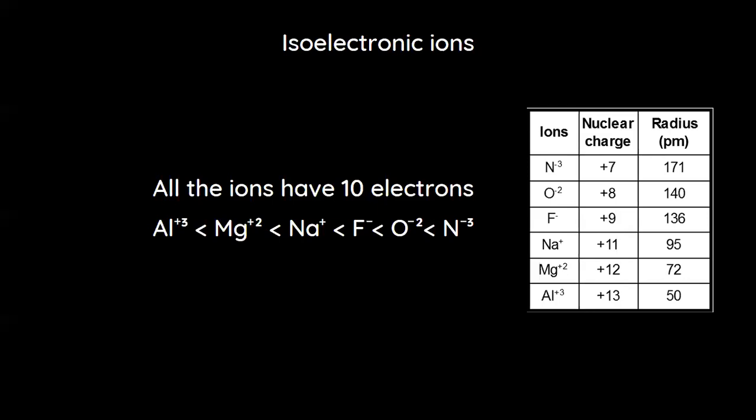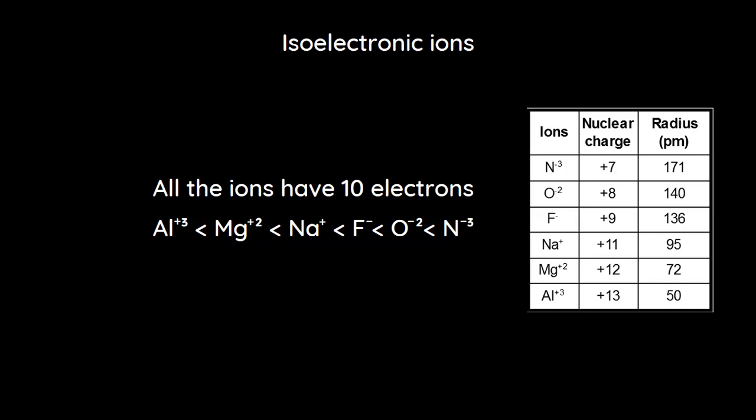Now, isoelectronic ions. Isoelectronic ions are, as the name suggests, ions which have the same number of electrons. But there is going to be a difference in the magnitude of nuclear charge.